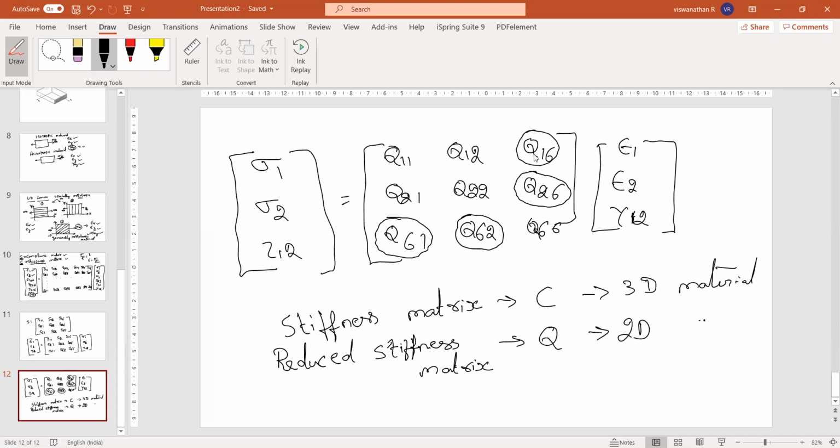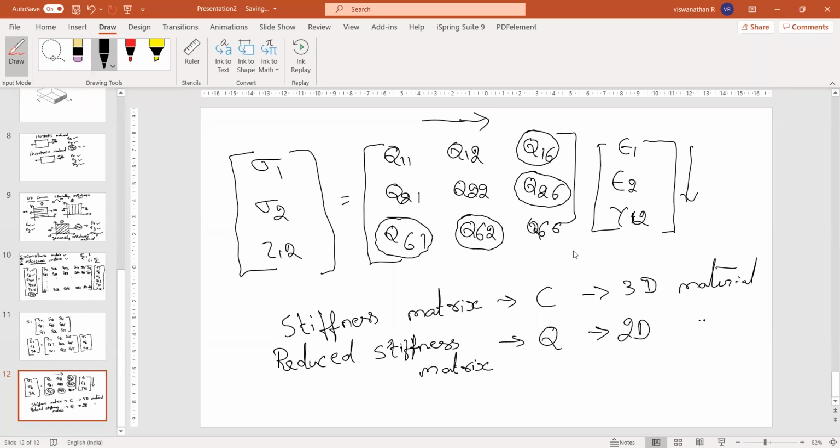But when you are applying an extensional stress, you don't get a shear strain. Matrix multiplication is this way, right? Correct? Q16 into gamma 1, 2. You don't get this here.